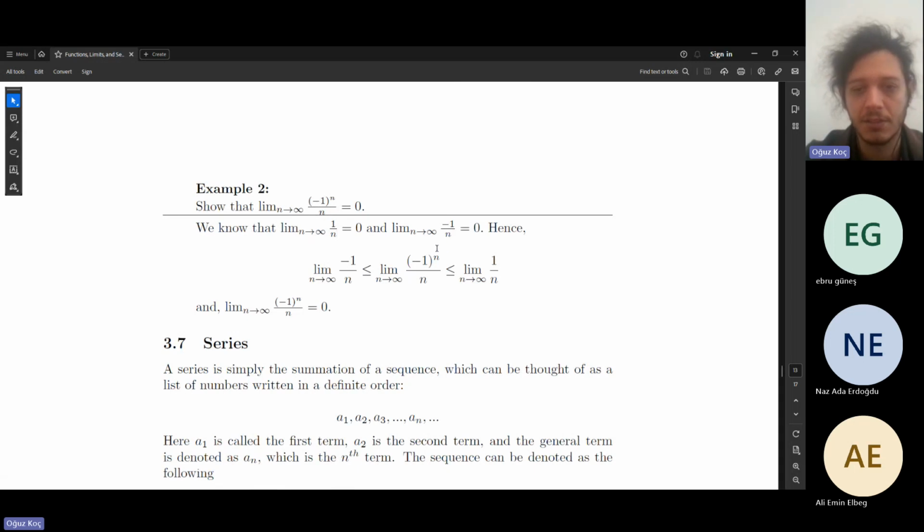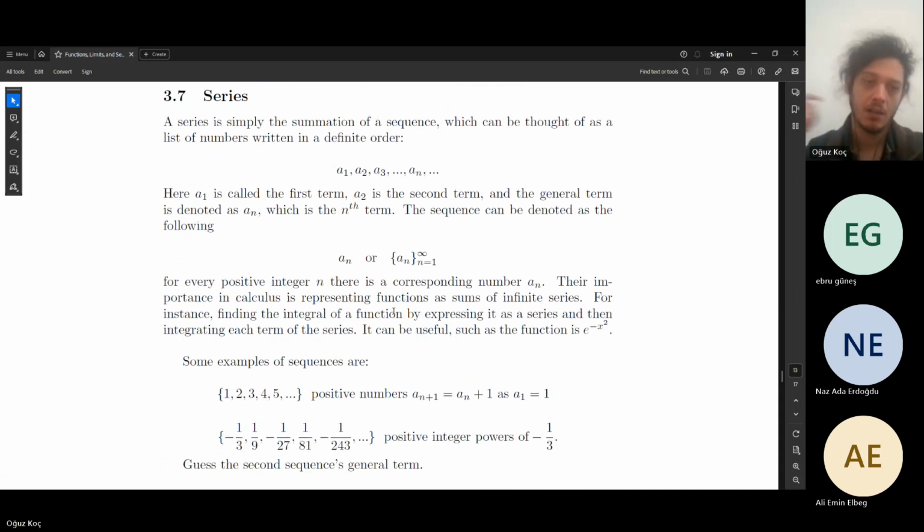It doesn't matter, the minus 1 over n also goes to 0. Therefore, we can choose the functions from the left and right hand sides with those values. Since they go to 0, our function's limit as n goes to infinity becomes 0.